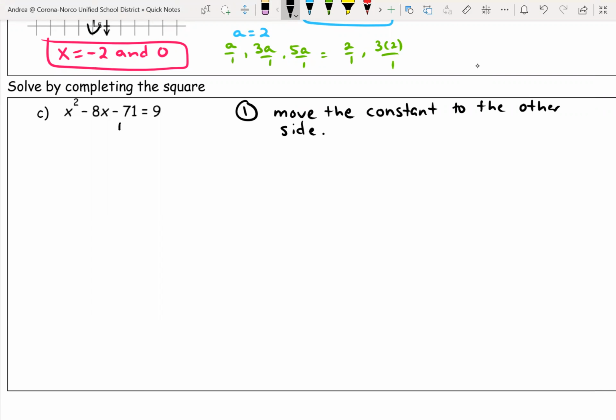So we're going to add 71 to both sides because that is the constant, the number by itself. And I get x squared minus 8x plus a blank equals 9 and 71 is 80, and then plus a blank. Any questions over that?